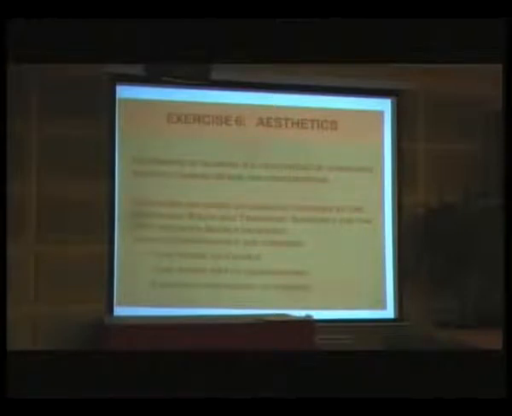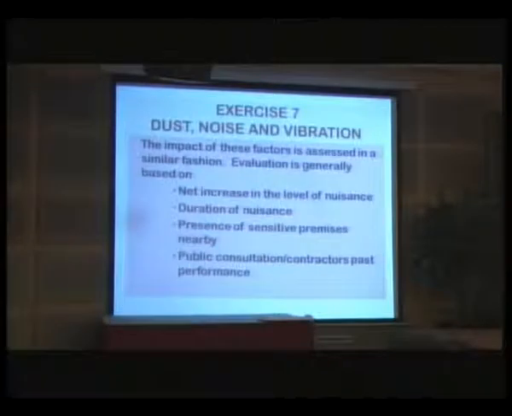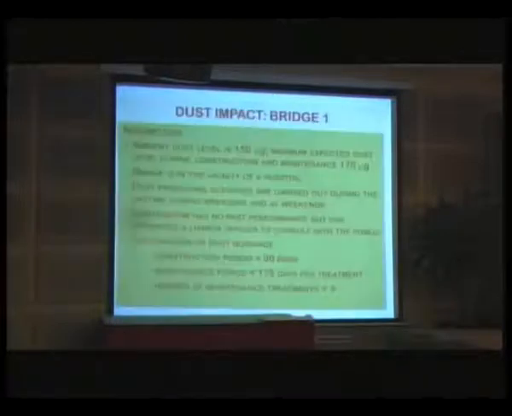Exercise 6 deals with aesthetics. We've been able to draw on some guidance which has been produced by the Highways Agency, by the Australian Roads and Transport Authority, and from these guidelines you can assess the aesthetic qualities of bridges. Exercise 7 deals with dust, noise and vibration, and I mentioned some of these factors to you.